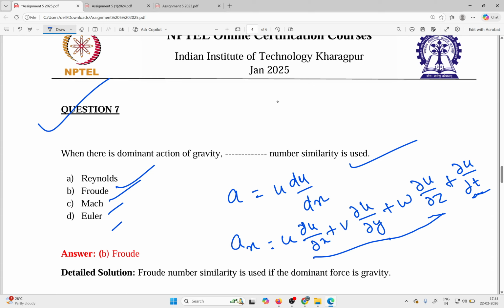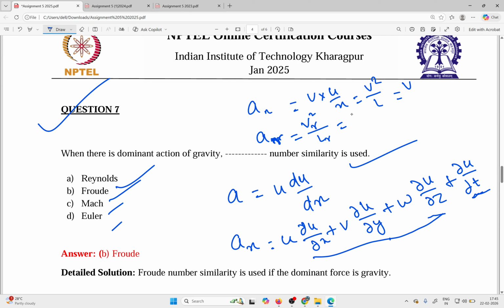You can write very clearly when going for dimensional analysis in fluid mechanics: u into u by x means V square divided by L, that is velocity and L. And using the Froude number similarity, you can easily write VR square by LR.